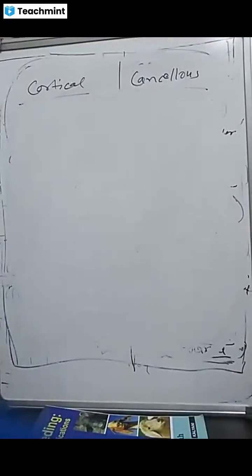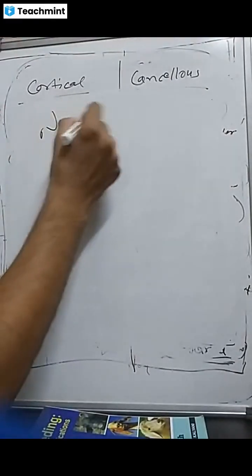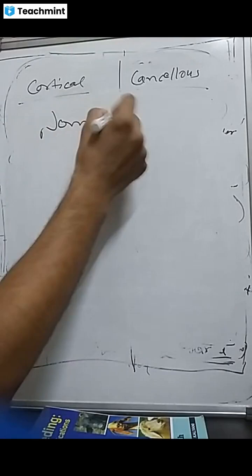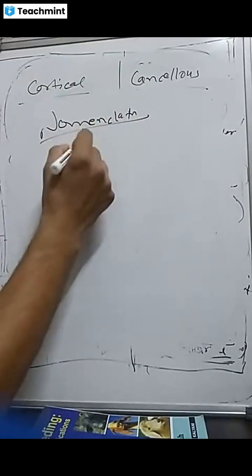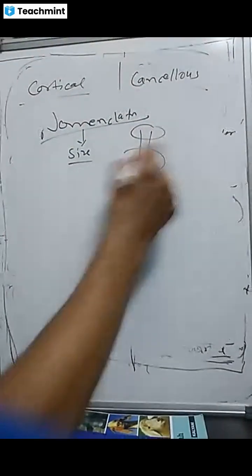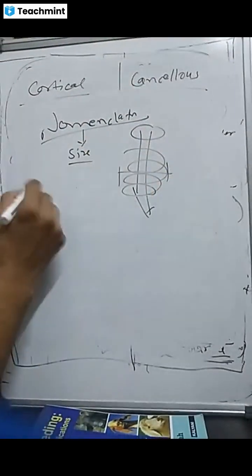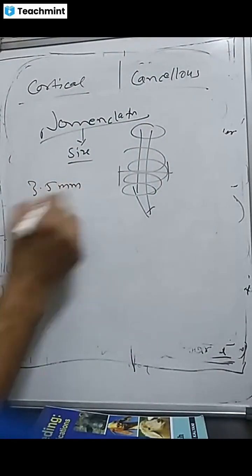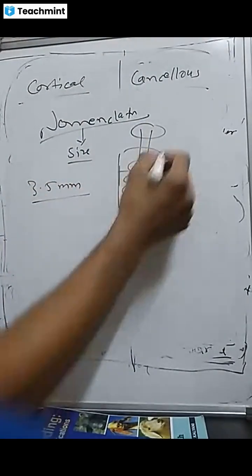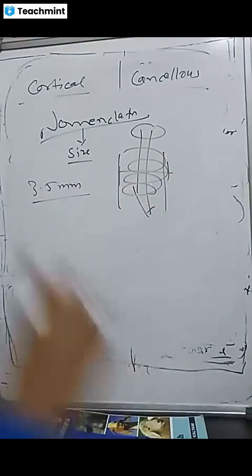As I told you, nomenclature means the size of the screw, given by this thread diameter. If I say 3.5 mm screw, it means they are talking about this diameter.